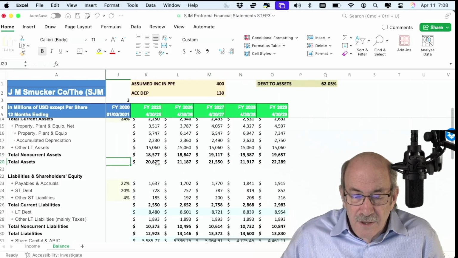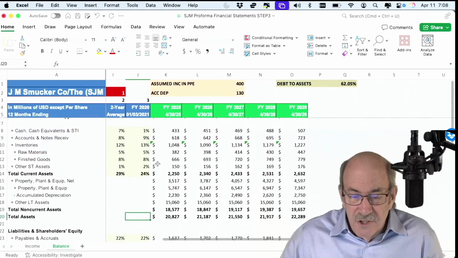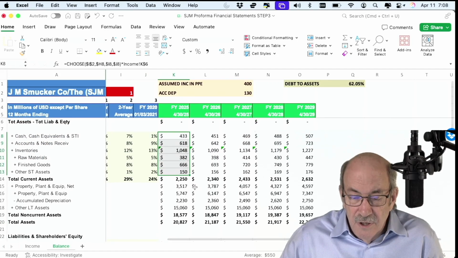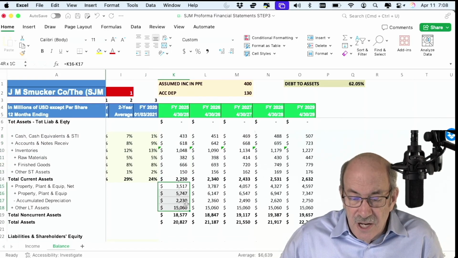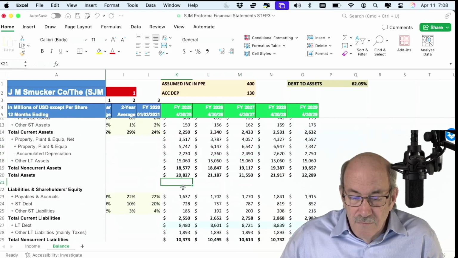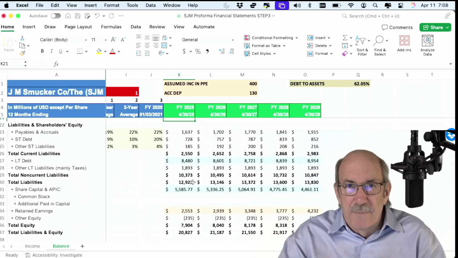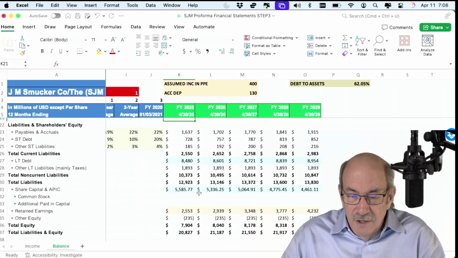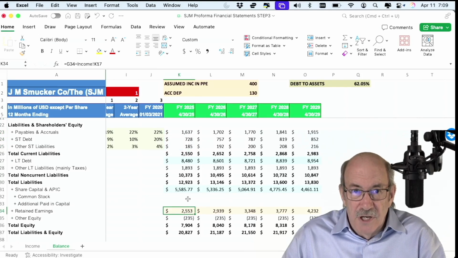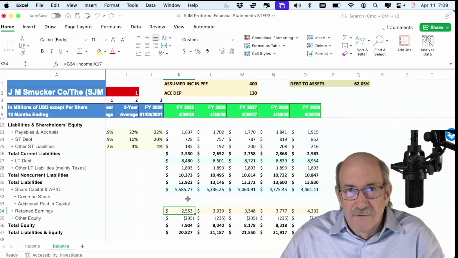Now, the problem is that some of the assets change spontaneously with sales, but some of the assets change at a different rate. And so when we match that up against liabilities and equity, we've got some of the liabilities that change spontaneously with revenue, but then we've got one account down here that is different.